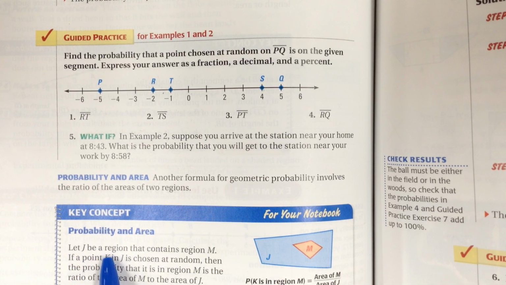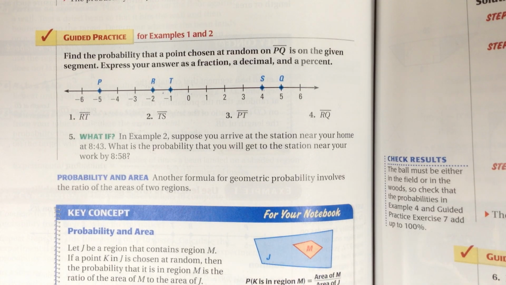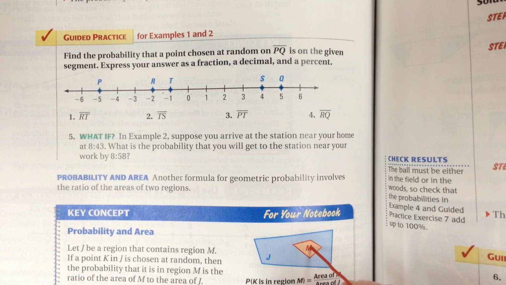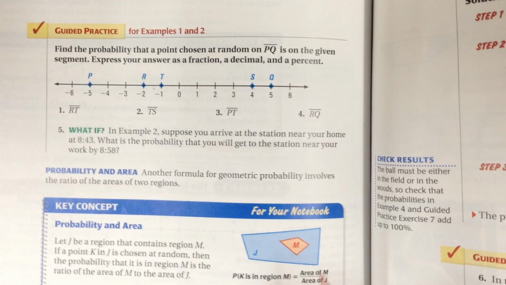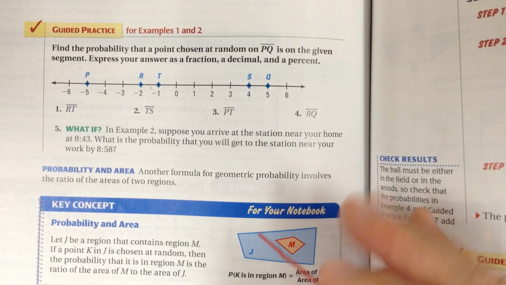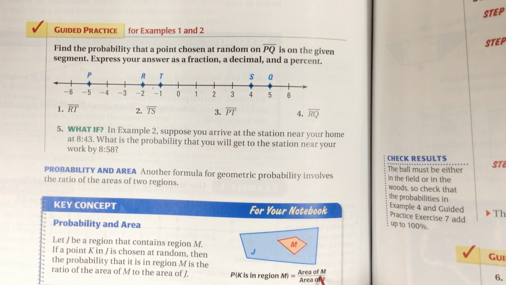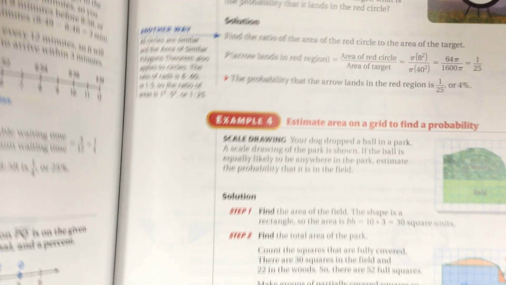Let J be a region that contains region M. If a point K in J is chosen at random, then the probability that it is in M is the ratio of the area of M to the area of J. So if you choose a random point inside J, the likelihood that it lands inside M is the area of M divided by the area of J. Now let's go to example 3.